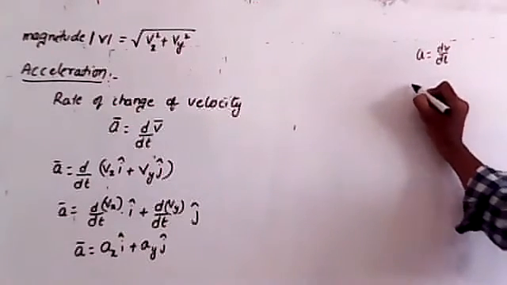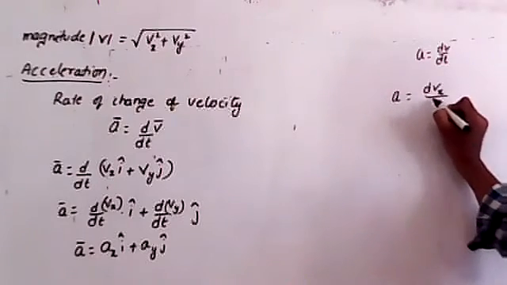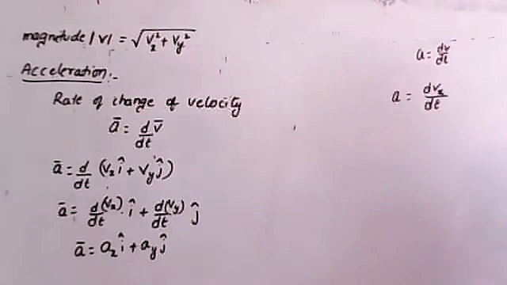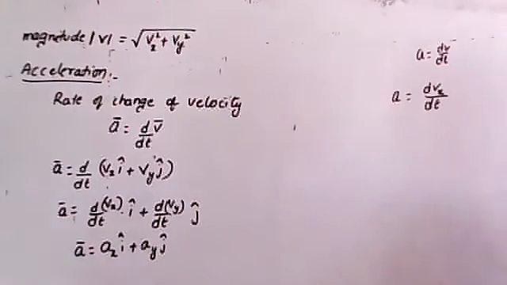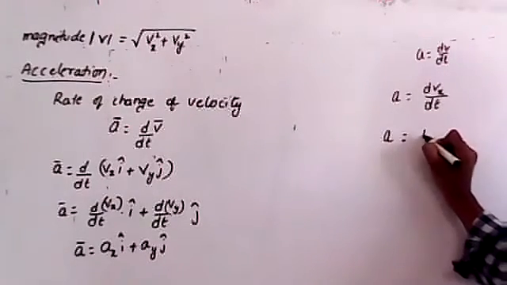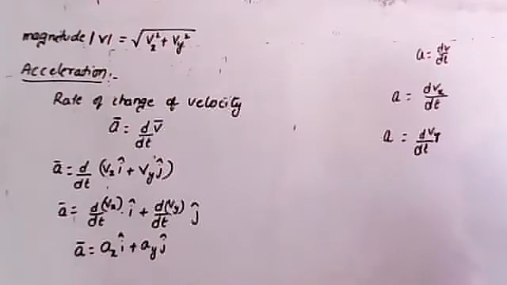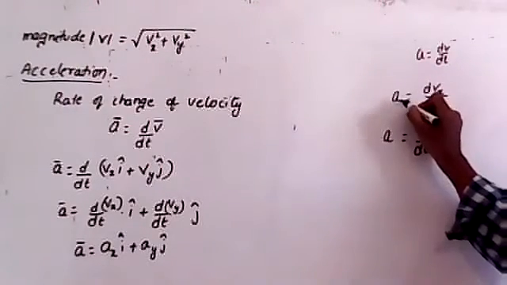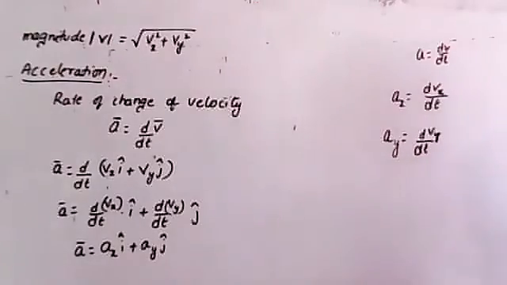Now, if I take acceleration along x-axis, dVx by dt, this is the rate of change of velocity along which axis, ma? X-axis. Similarly, rate of change of velocity along y-axis, dVy by dt. So along x-axis I will take it as ax, along y-axis I will take it as ay.